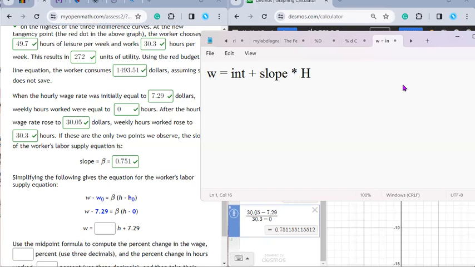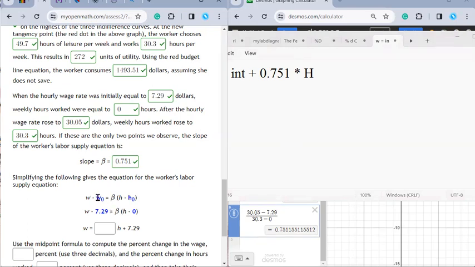Well, the slope we just calculated. The slope is 0.751. So this value here, this beta, is 0.751.